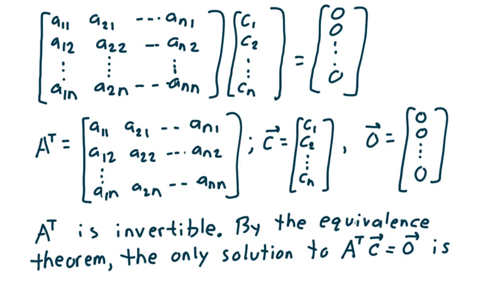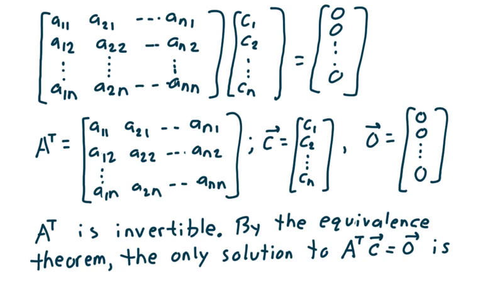Now remember, A transpose is equal to the matrix a11, a21 through an1, a12, a22 through an2, all the way through until a1n, a2n, ann. That's A transpose.